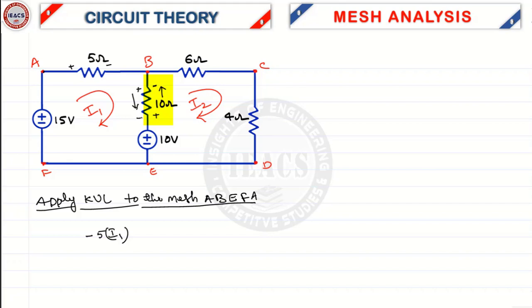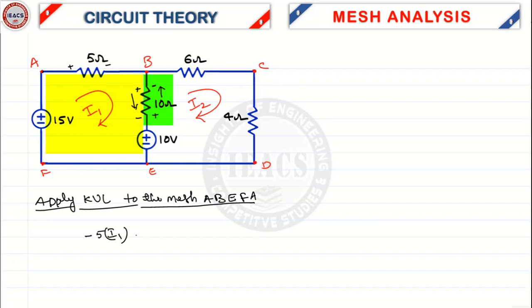But observe, we are applying KVL to the first mesh. So according to our first mesh current I1, if you travel from B to E across this resistor, there will be a decrease in potential. But in the same resistor, according to current I2, there will be an increase in potential, because according to current I2, this will be the negative terminal and this will be the positive terminal. From negative to positive, potential increases.